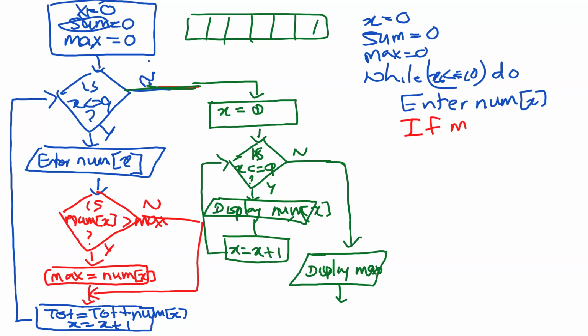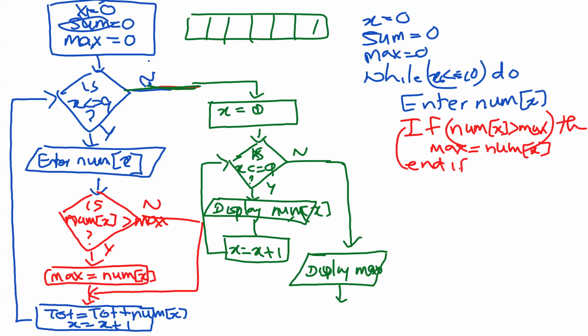Right. Let's write the pseudocode. If num x greater than max, right? Then max equal num x, end if.